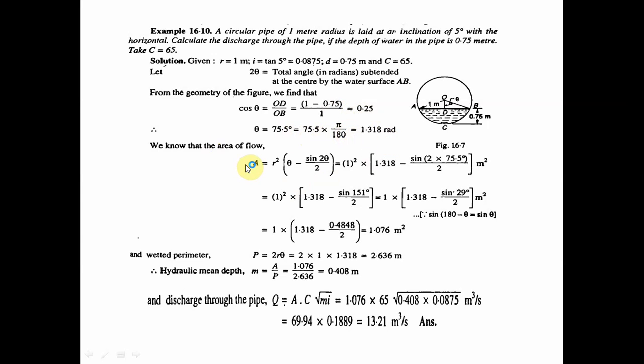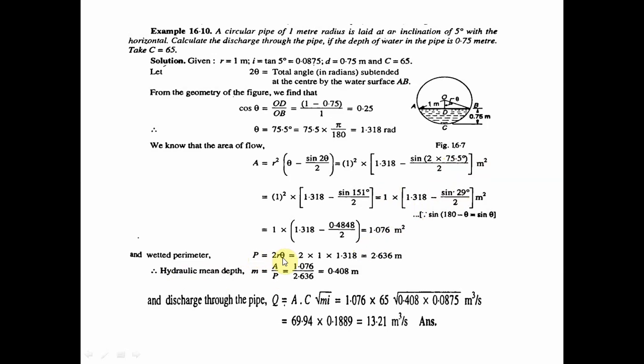We know that the area A equals R square into (theta minus sine 2 theta upon 2), that is equal to 1 square into (1.318 minus sine of 2 into 75.5 degrees, divided by 2). So that comes to about 1.076 square meters.